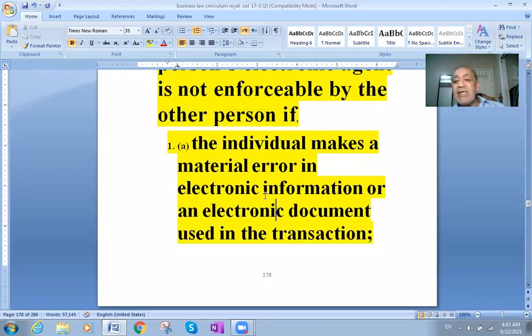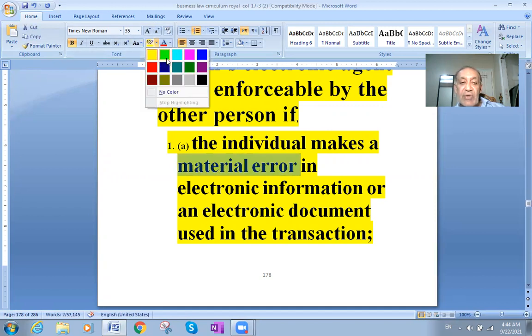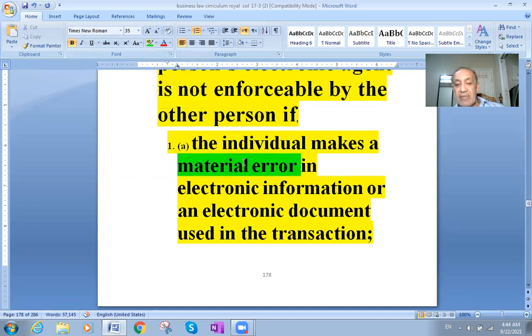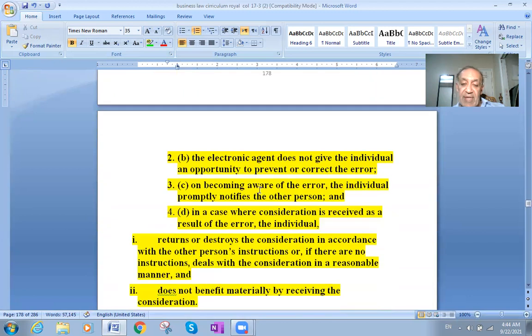So if there is a mistake, a material error in the electronic information, in that case, this is to stop the contract.